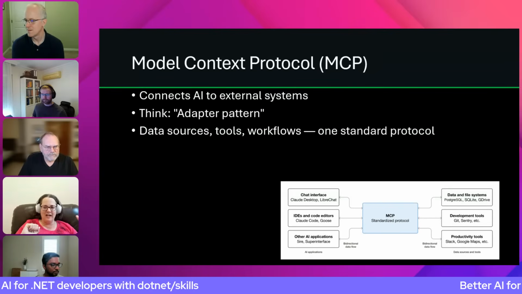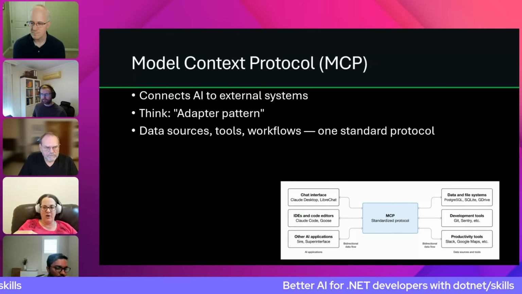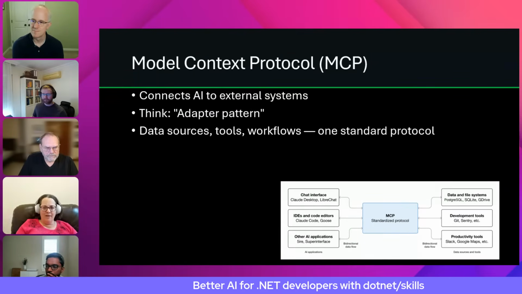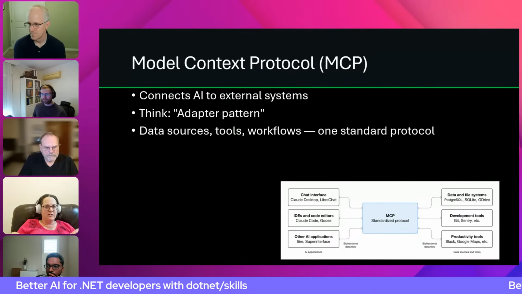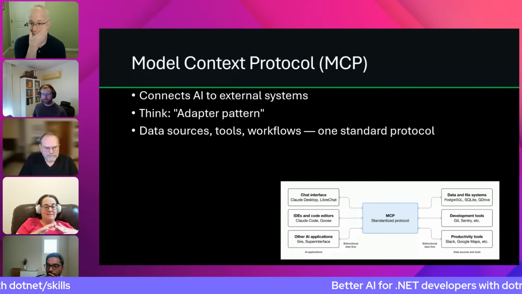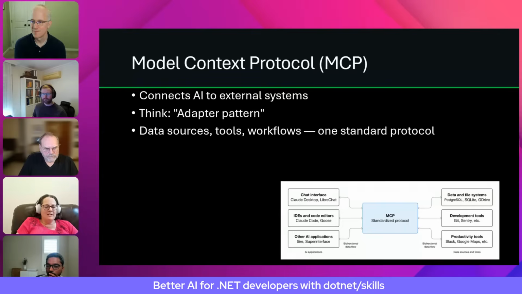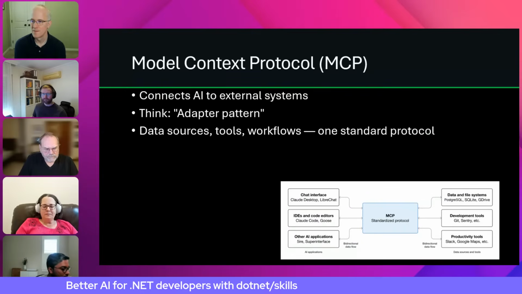So if you want to connect to a database from Copilot, or connect to Slack or anything else, that's all available using MCP servers. And in that case, really, that is the only instance where you need an MCP server. Everything else can be done with skills.